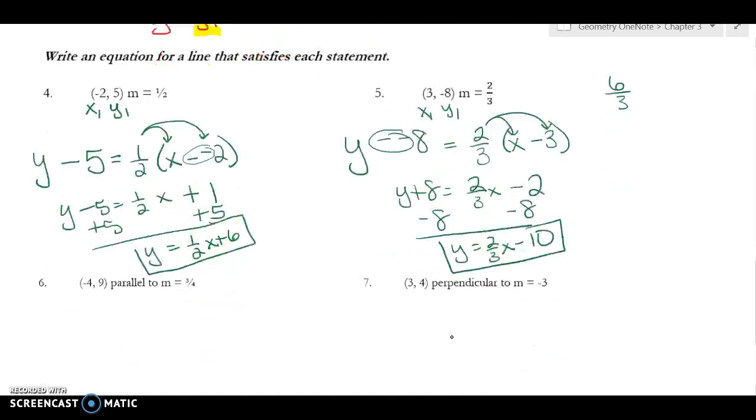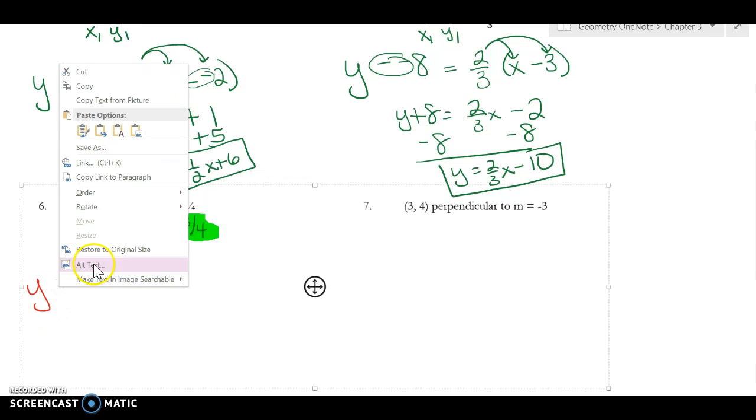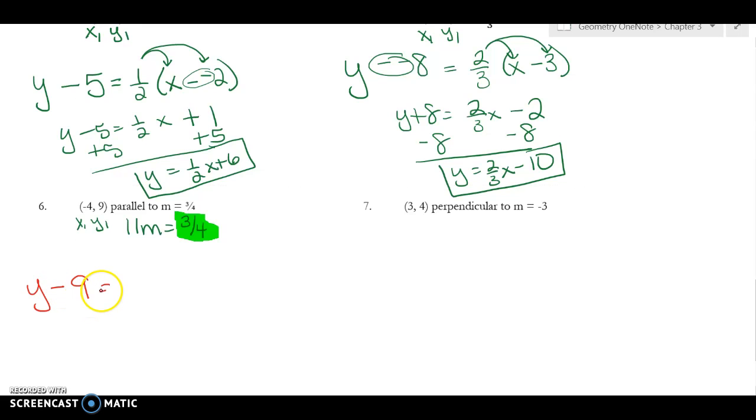All right, now sometimes problems like 6 and 7, it says the word parallel and perpendicular. Well, remember, parallel slopes stay the same. So my parallel slope is going to be 3/4. So now I do the same thing, but when I use slope, I have to use this slope here, which actually isn't new, it's the same thing, but I still have to use it. And so it's going to be y minus y1 equals my m, 3/4 times x minus x1, which is negative 4.